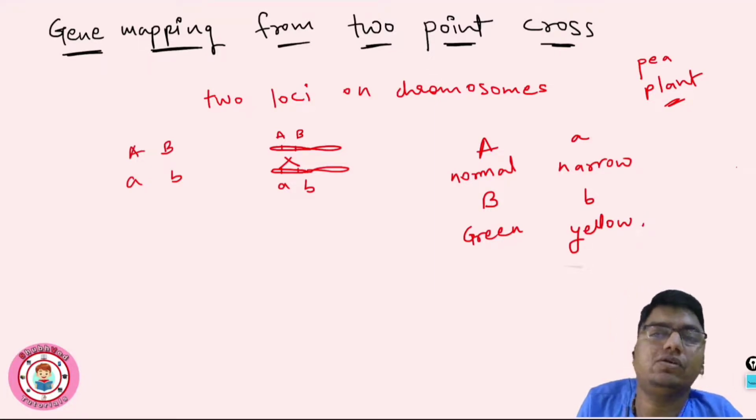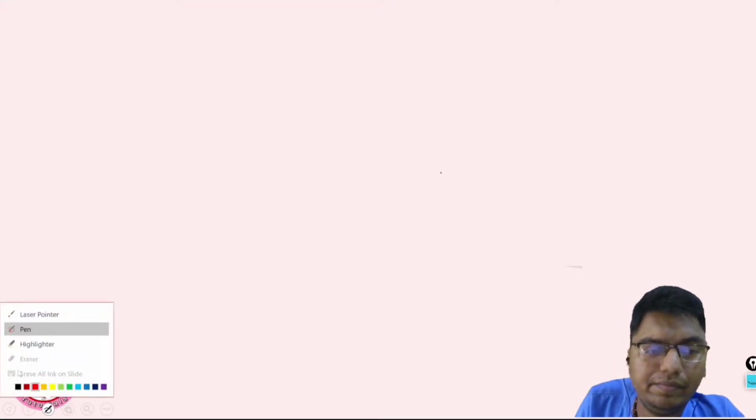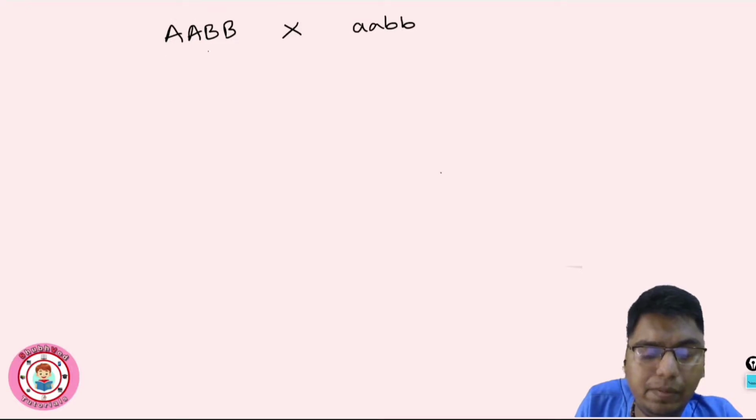Okay. So now there is a cross between these two true breeding. Okay, true breeding means homozygous dominant and homozygous recessive, right? This is with normal green phenotype, and this is narrow yellow.